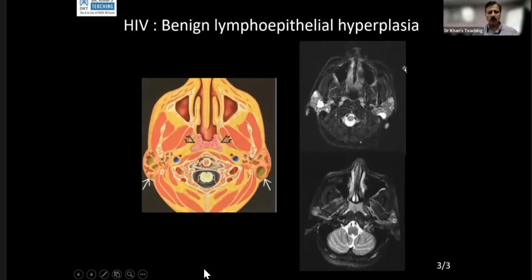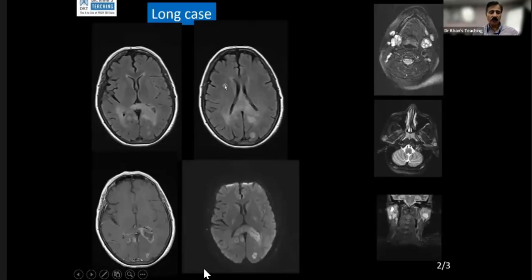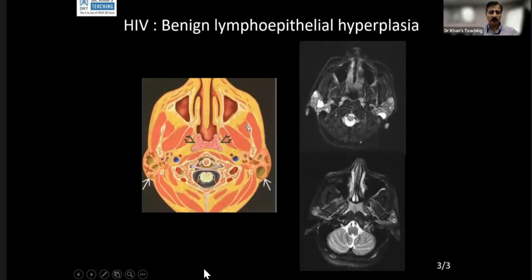So you have to know this condition. Sometimes there can be solid nodules also in the parotid. Look at the word benign. Please remember, even in HIV positive or AIDS cases, this is a benign entity. And of course, in this case, there was a lymphoma with that.